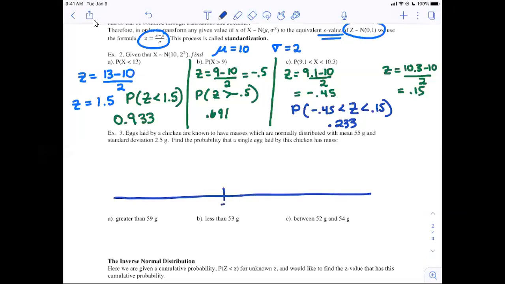So the mean is 55, and we're going to do up to 3 standard deviations away. That would be 57.5, 60, 62.5. Let's go to the left. That's 52.5, 50, and 47.5.